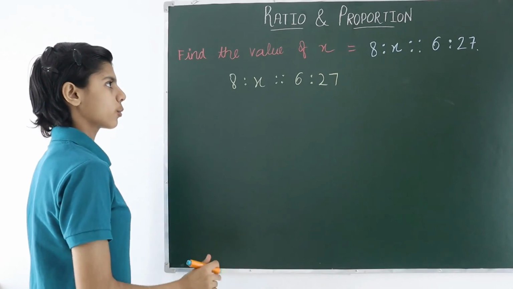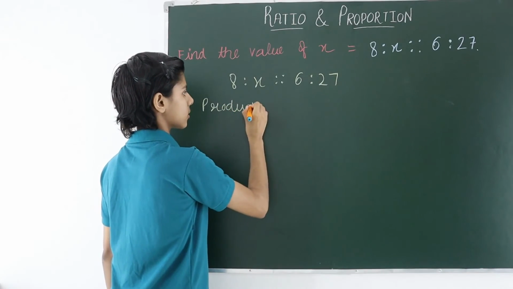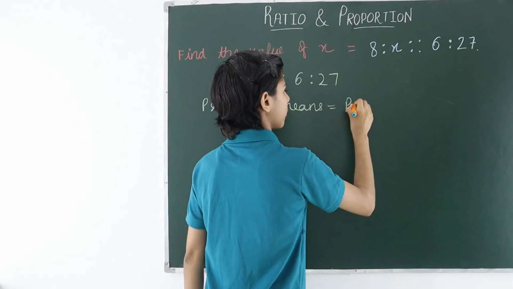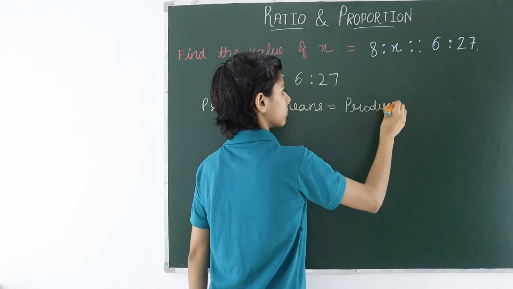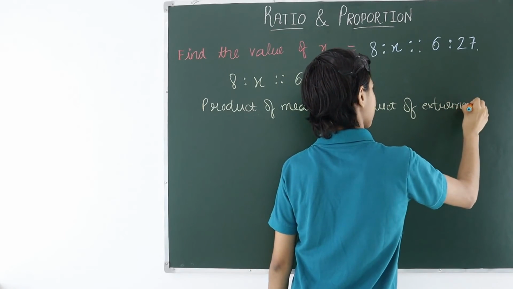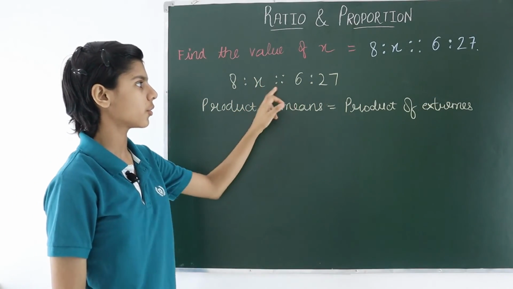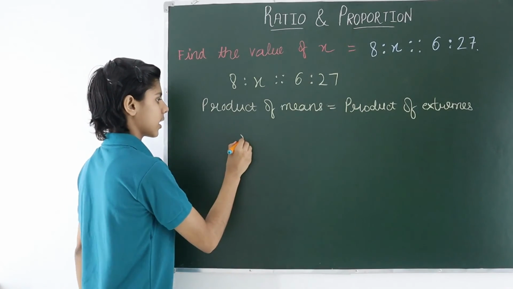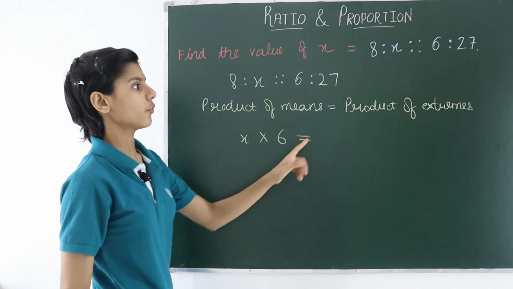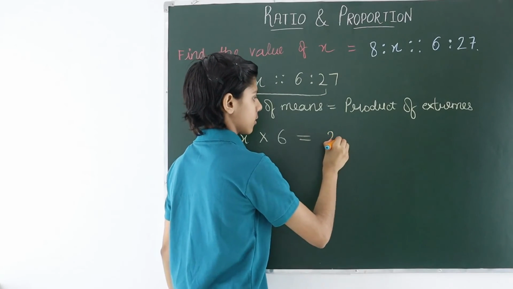Now we write the formula: product of means is equal to product of extremes. Product of means means the product of the middle ones, so it is x into 6, equal to product of extremes, 8 into 27.